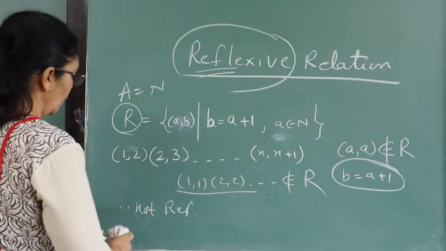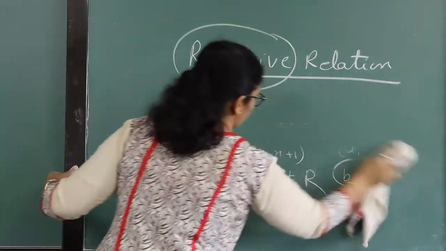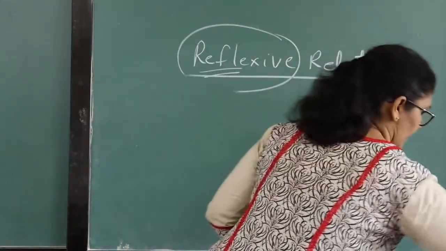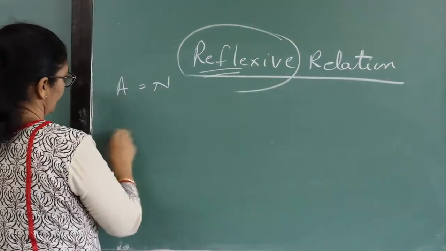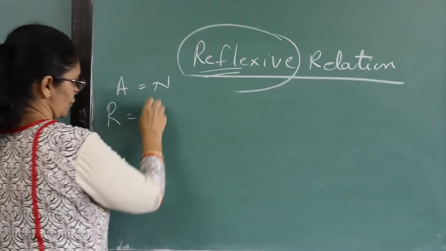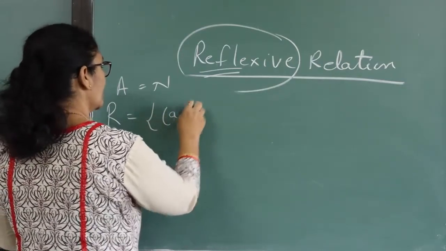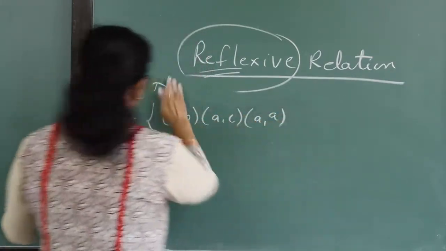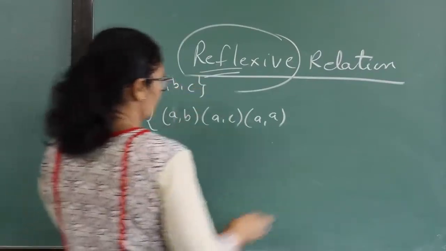Okay, let's take one more example of a reflexive relation. Let's take set A as the natural numbers. Now I take one relation R in which we have taken A comma B, A comma C, A comma A. We are taking here A, B, C only, to make it a shorter question.